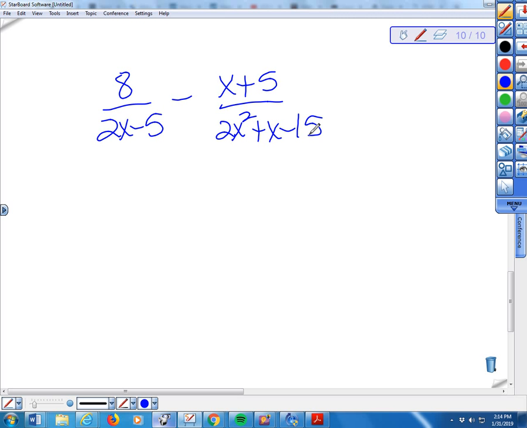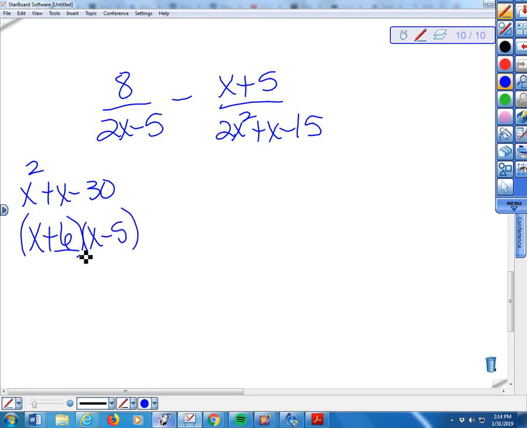Can't really factor anything on the left, but I can try and factor this. Bottoms up method. Right? So it becomes x plus 3 times 2x minus 5.